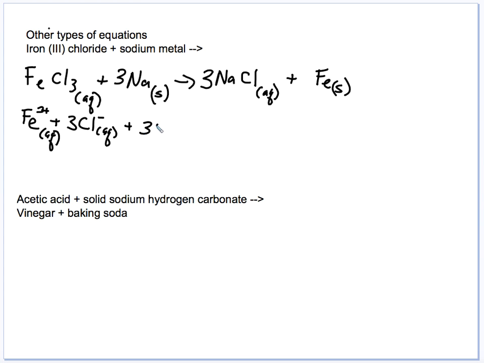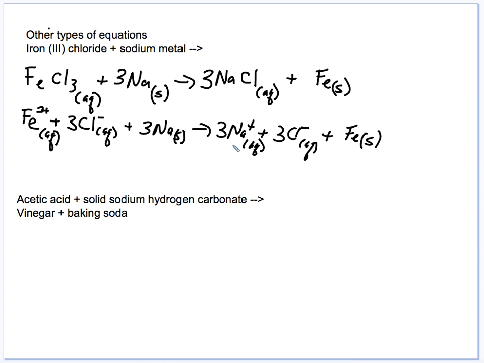Plus 3 sodium, that's a solid, no charge on that. That's going to make 3 sodium ions plus 3 chloride ions, and they're going to be aqueous, plus iron, which is a solid.